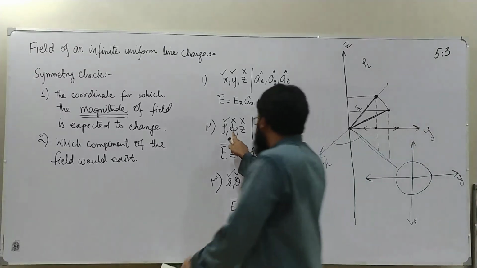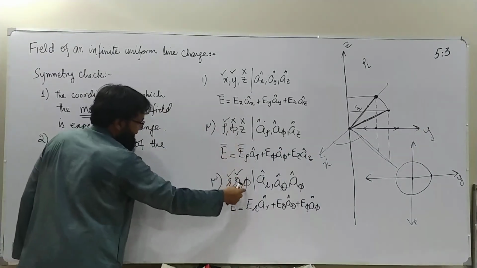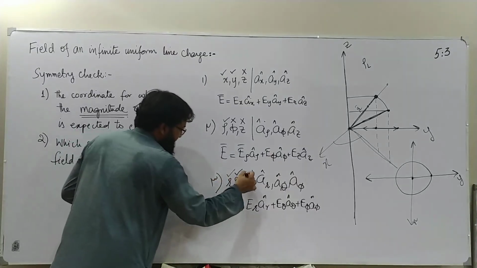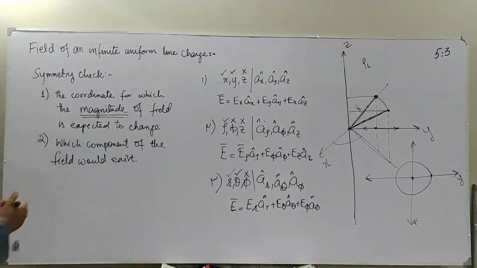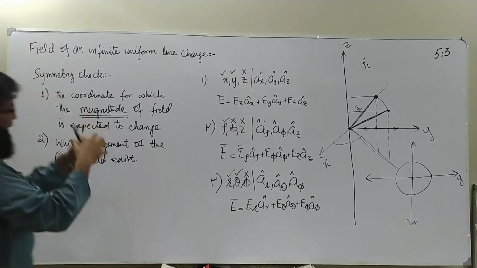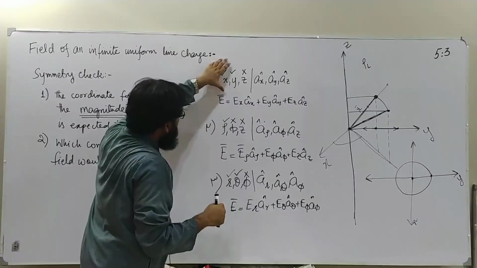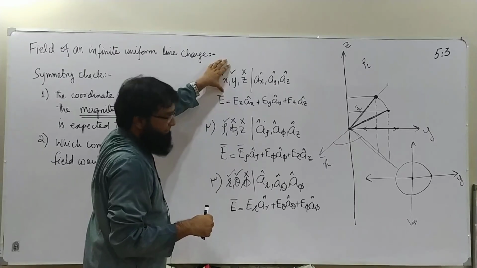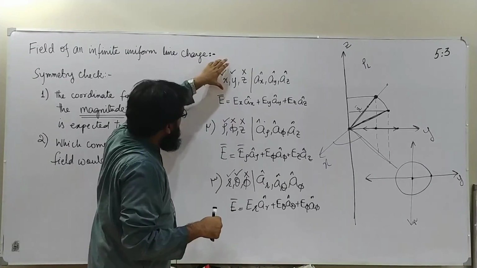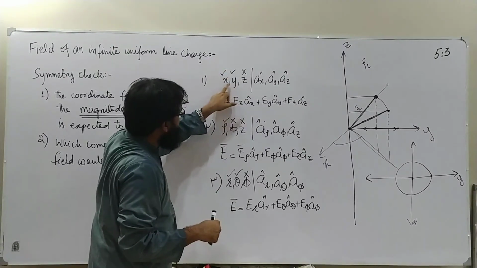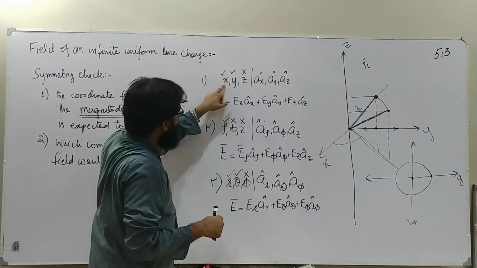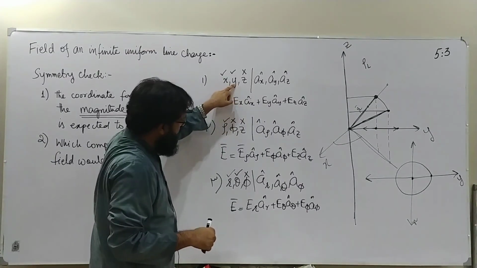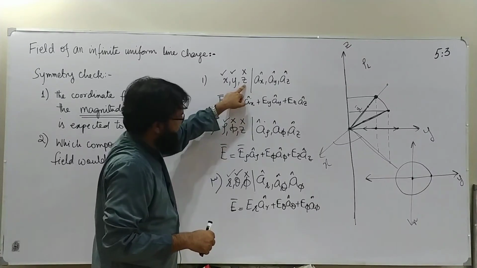And since phi is defined the same way, changing the value of phi will not change the magnitude of the field. So if I use the Cartesian coordinate system, I will have two variables, because due to x and y the field will change; with respect to z it will not change.